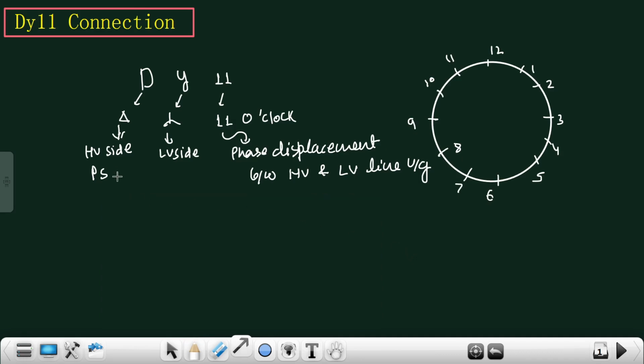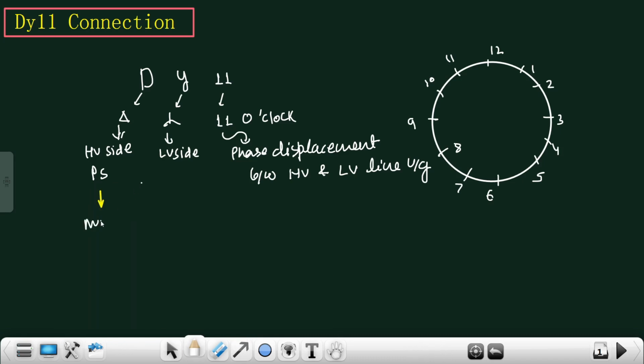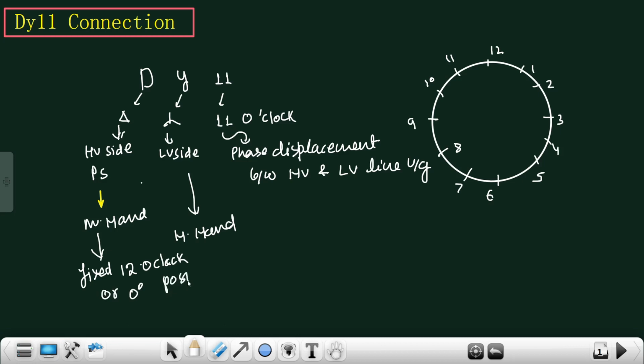We already know that the HV side is represented by the minute hand, and the LV side is represented by the hour hand. This minute hand is fixed at the 12 o'clock position, which is the 0 degree position.